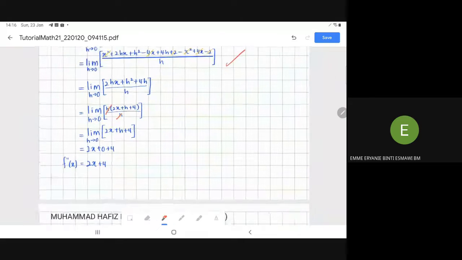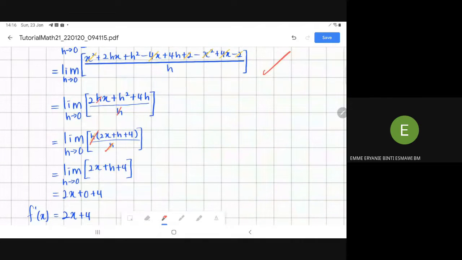Ke boleh je cancel kat atas ni? Tak tahu madam. Tak tahu, okay. So tak apa, tak tahu just cakap tak tahu.